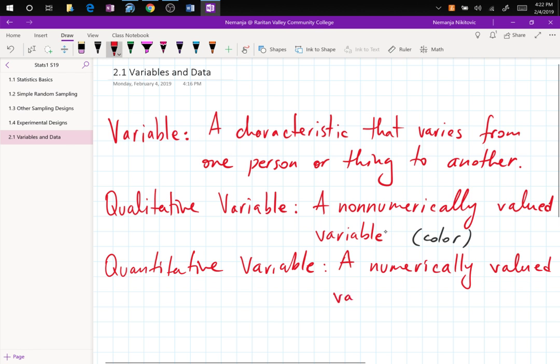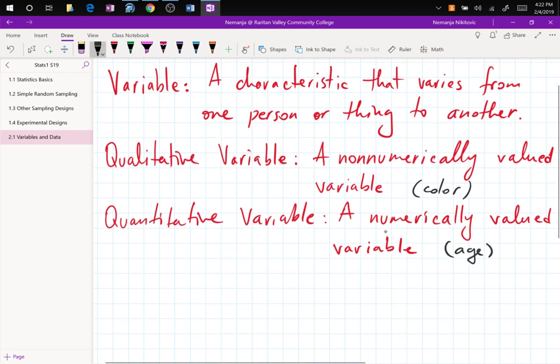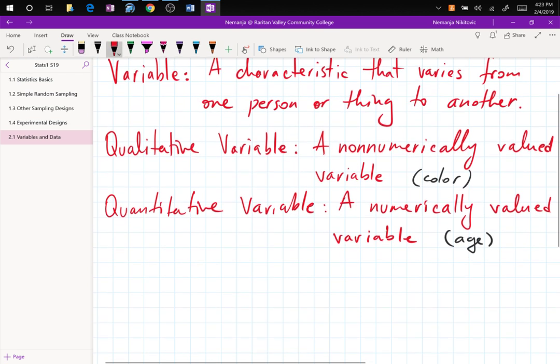I'm just going to give a single example, age. Then we have discrete variable. That's a quantitative variable whose possible values can be listed.